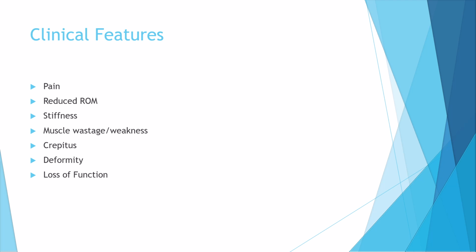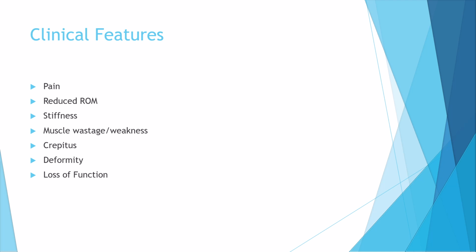Reduced range of motion occurs slowly due to the change in the shape of the joint surfaces. Muscle length may be reduced, and the limitation of movement is only noticed once they are restricted functionally. Stiffness often occurs following rest, due to loss of joint lubrication, and can be a result of a combination of pain, weakness, and reduced range of motion.